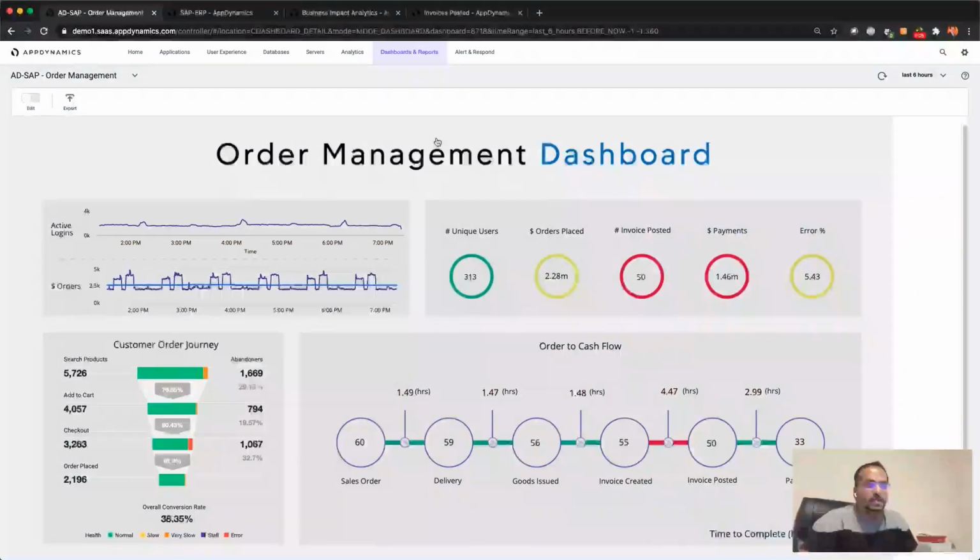A quick glance at this dashboard shows us that we have issues with the orders placed and the payments as the errors are going up. It might not always be the case that the business metrics are down because the applications are not doing well. In other words, the business KPIs might be down even though the application is fine.